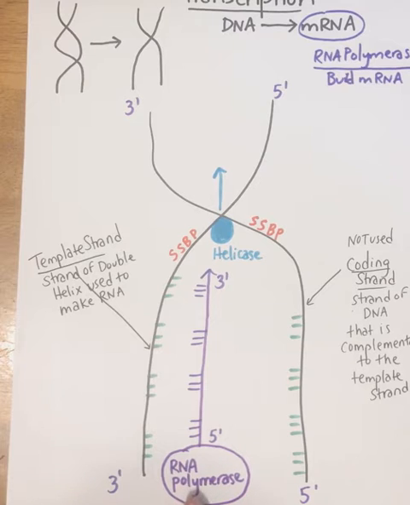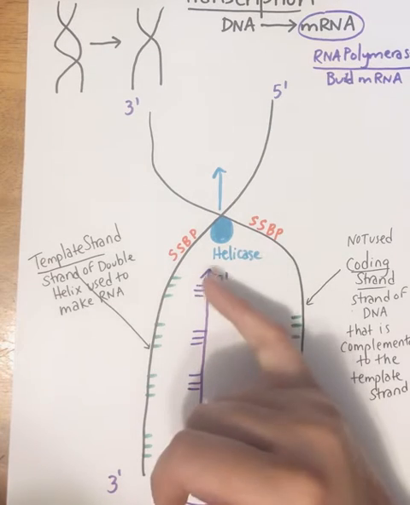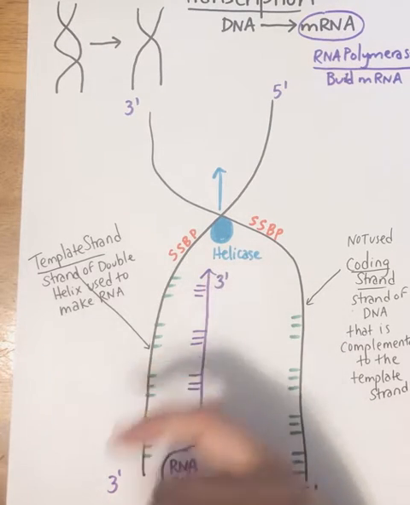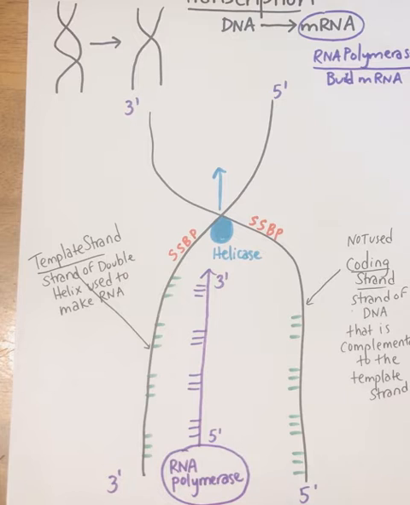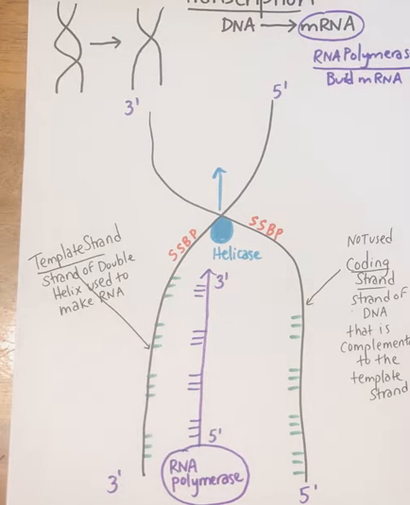Now, transcription factors are going to help the RNA polymerase bind. And then at the end, we're going to have to terminate it. So we stop and we're going to release our mRNA.